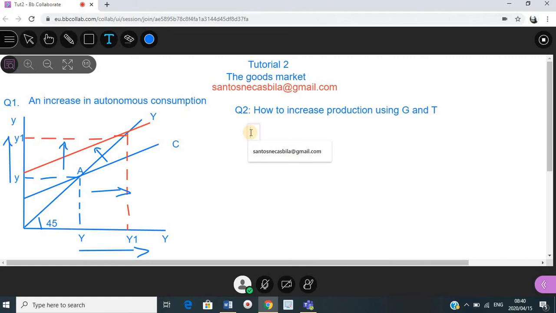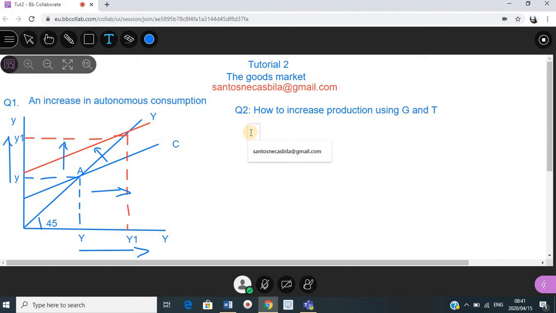consumption, we have investment, we have government spending, and we have also tax.